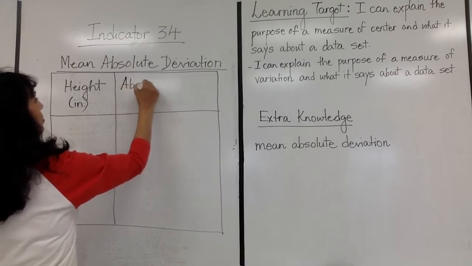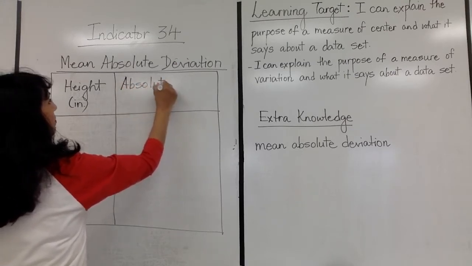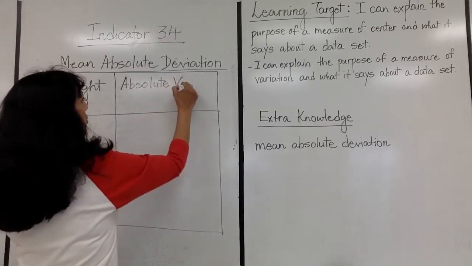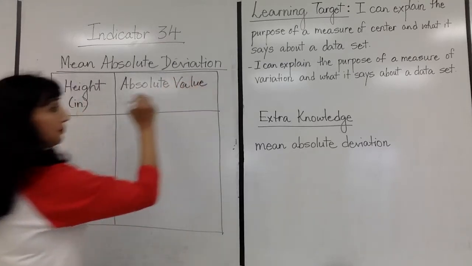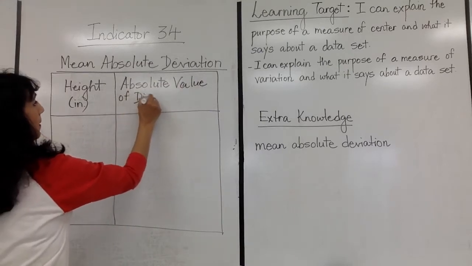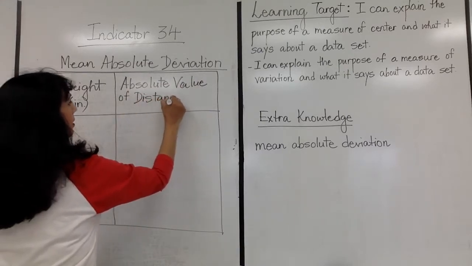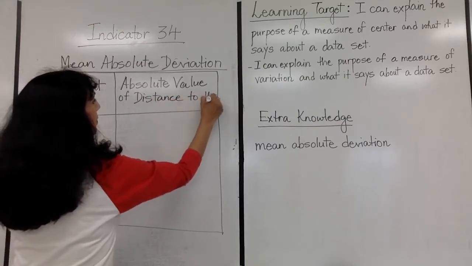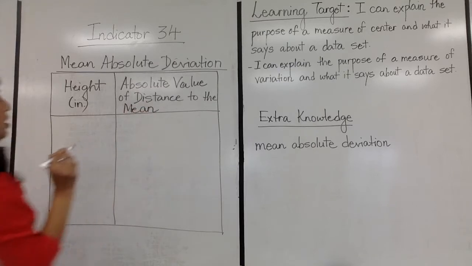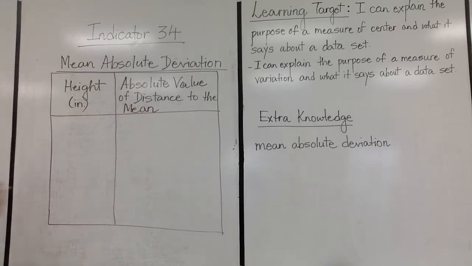Absolute value. And you know what absolute value is? It's the distance of a number from 0 on the number line. But in this case, let me show you what it means. Absolute value of distance to the mean. That's what mean absolute deviation is.